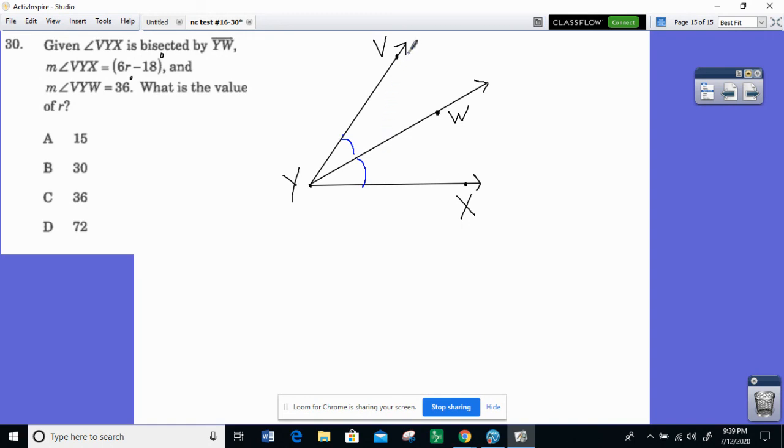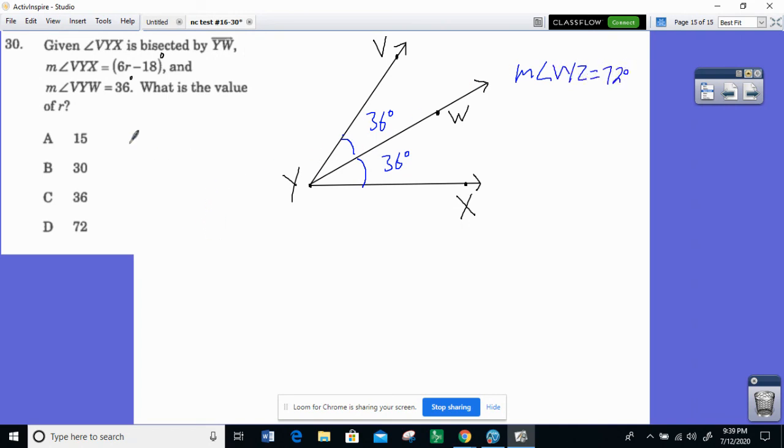They tell us that the measure of angle VYW is 36 degrees, so is the measure of angle WYX. So that's telling us that the measure of angle VYX is equal to 36 plus 36, which is 72 degrees.